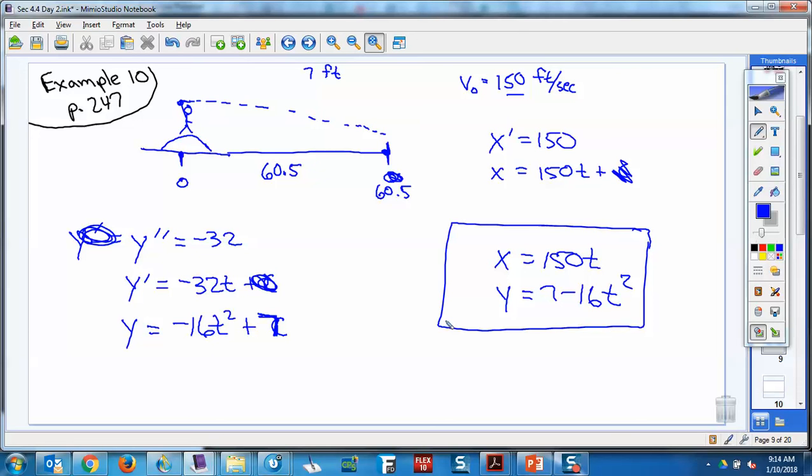So the 4.4 line. Number 12 in class, it's pages 248 to 250. Don't worry about 12. Don't even worry about 11. Let's skip 11 and 12. Okay? Skip 11 and 12.